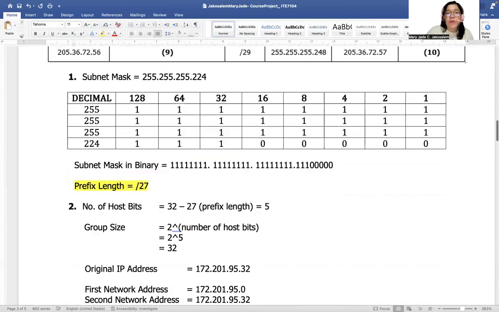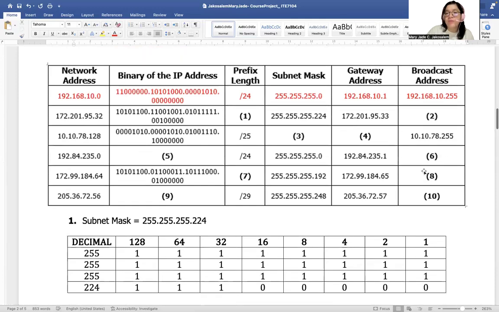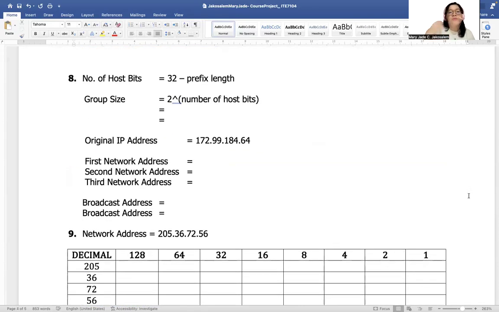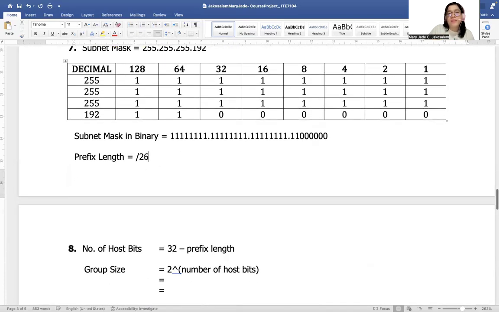Now, for number 8, we are required to solve again for the broadcast address. So let's go. First, we have to solve for the number of host bits. So again, we have to deduct the prefix length from 32 bits. The prefix length is actually 26. So 32 minus 26 is equal to 6.